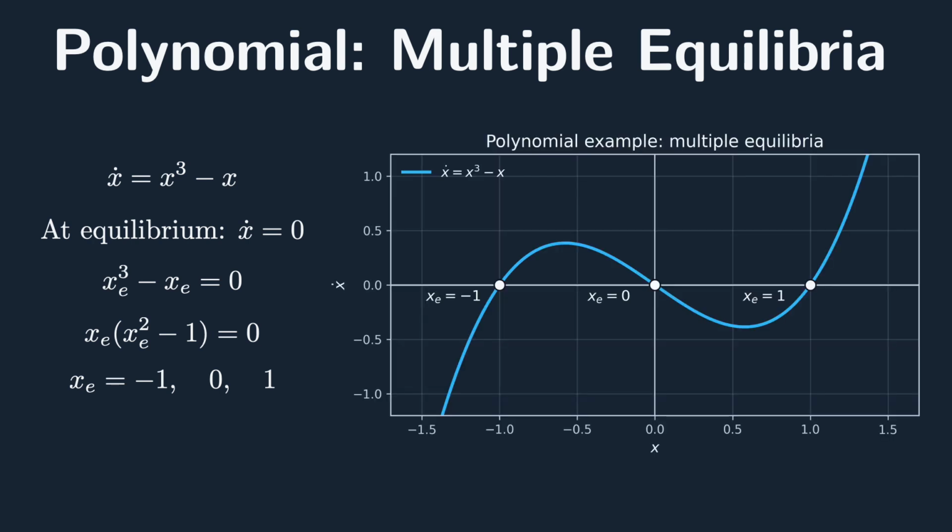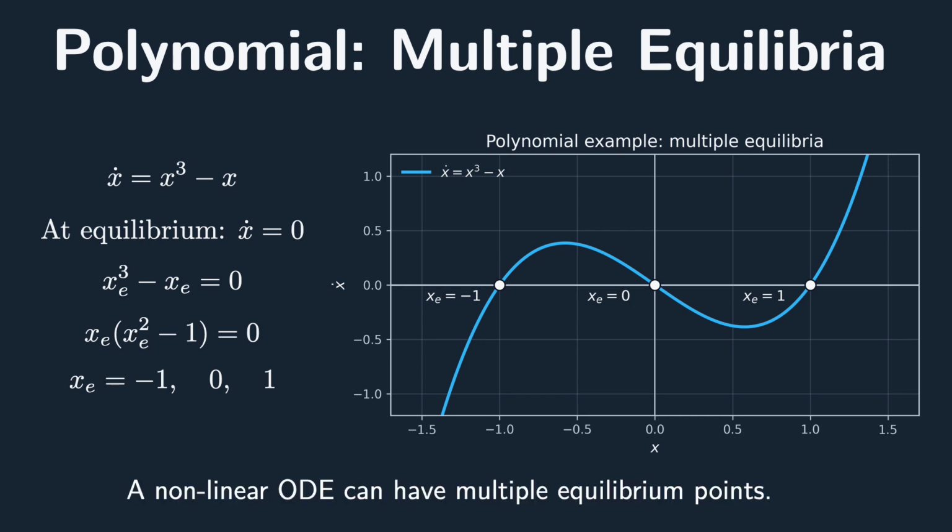The graph shows the same result visually. The equilibrium points are the places where x dot is 0, so they appear as the x-axis crossings of the curve x dot equals x cubed minus x. The main point is that nonlinear ODEs can have more than one equilibrium point.